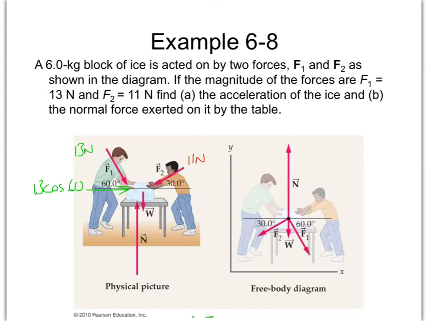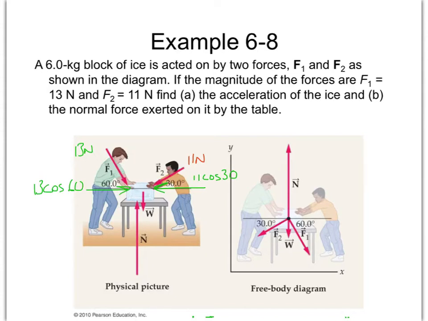This boy right here on the right would be applying a force in that direction of 11 cosine, what's his angle? It's 30, right? 11 cosine 30. So whatever that shakes out to, that's going to be the horizontal component of his force. What about the y components?